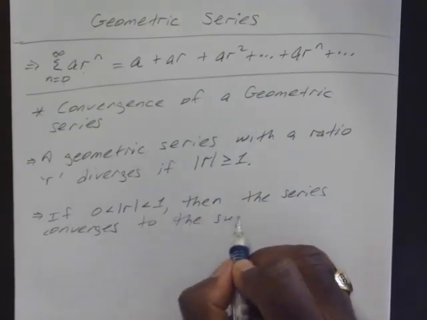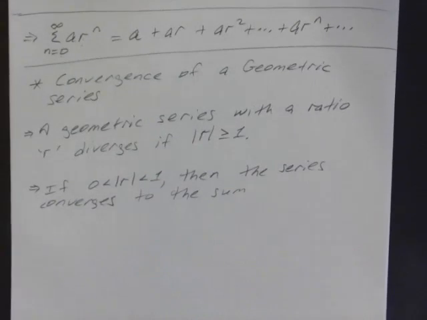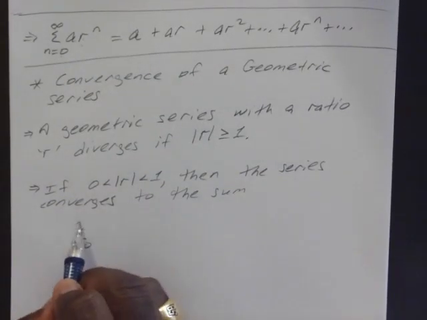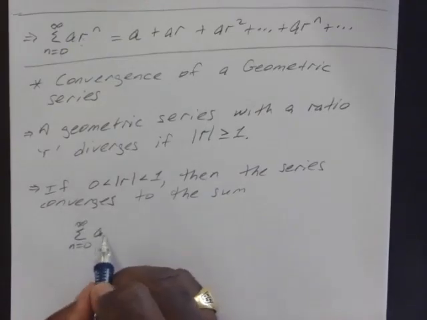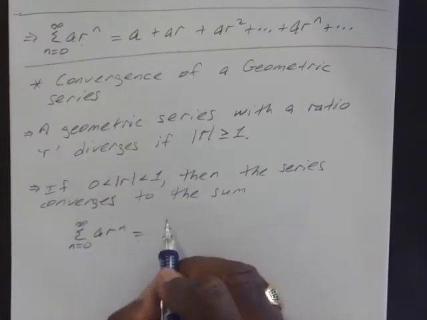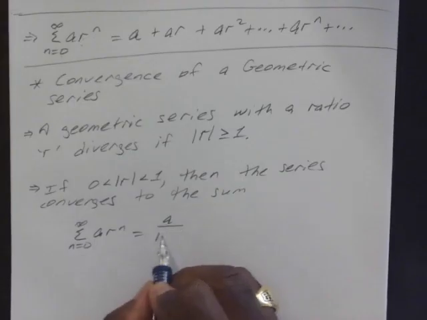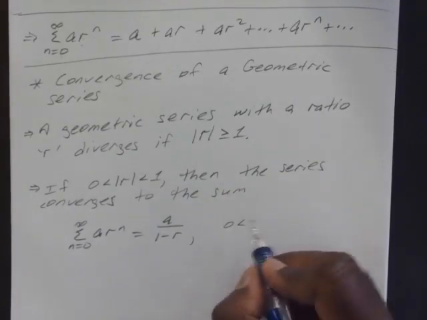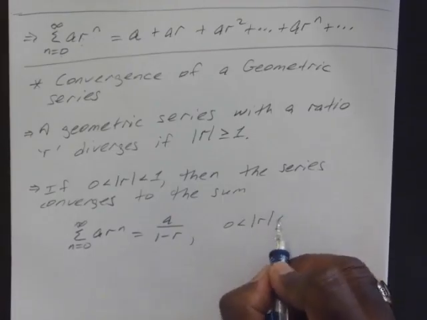So the sum from n equals 0 to infinity of a times r to the power of n converges to a divided by 1 minus r, but only when that absolute value of r is between 0 and 1.